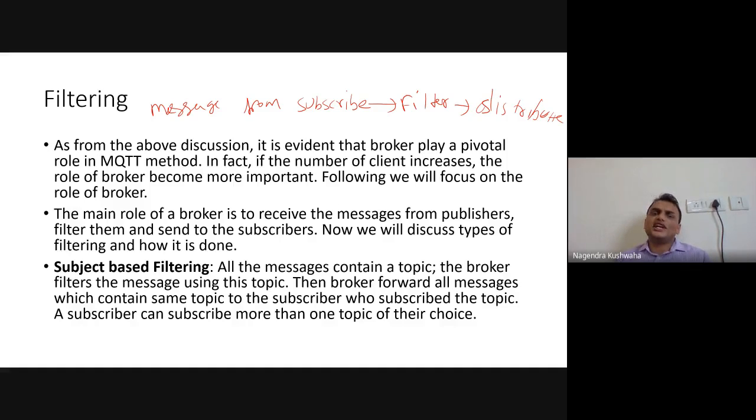Now we'll see what the kinds of filtering are. There are three kinds of filtering. The first one is subject based filtering. As I told you in the beginning, every message contains a topic, like in the previous case temperature was a topic, moisture was a topic, light was a topic.